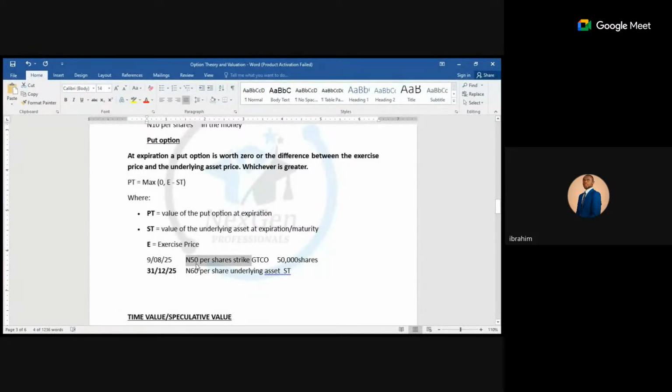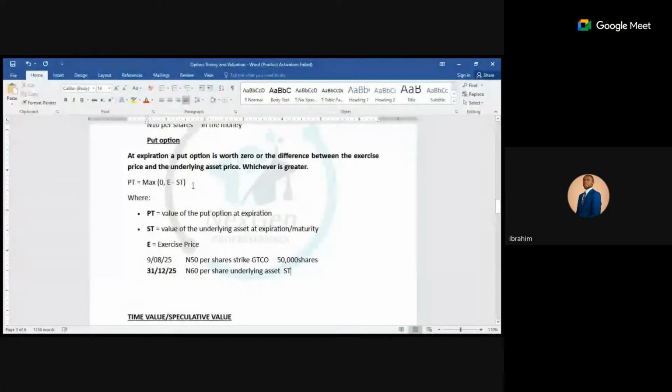Maybe the future date is 31st December 2025. In December, the price of that underlying asset may be 20 naira, or let's leave it at 60 naira.